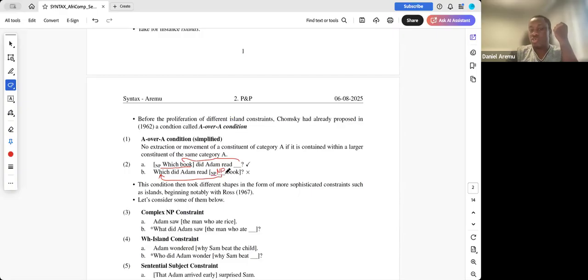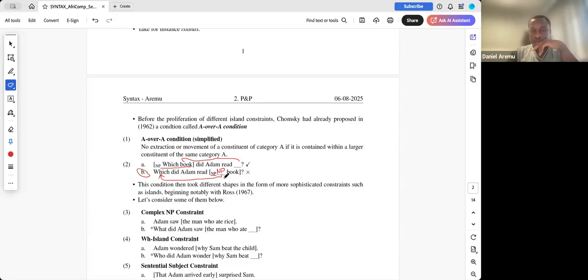A over A says you don't move an A out of another A, so 2B is ungrammatical. 2A is fine because the whole big NP was fronted and nothing was subtracted.